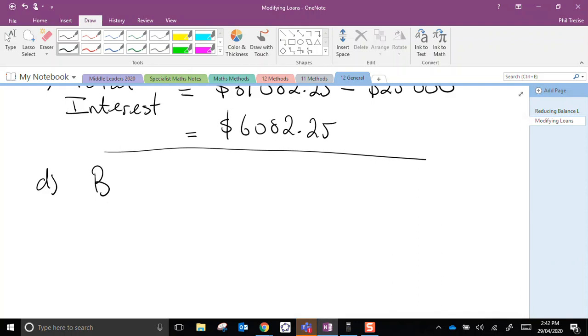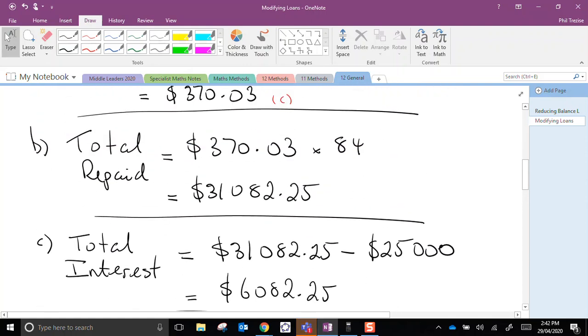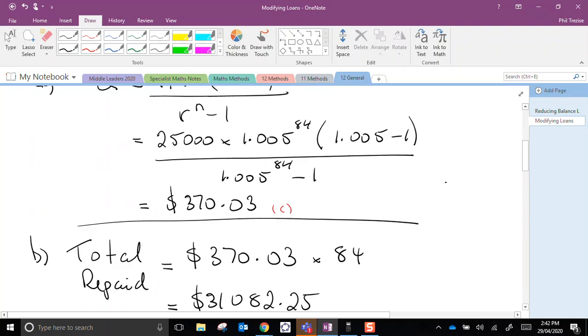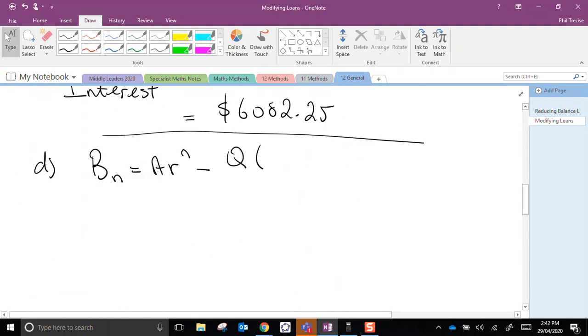Now the formula, if we were to look back at the top, would be Bn equals A times R to the power n minus Q times R to the n minus 1 over r minus 1.